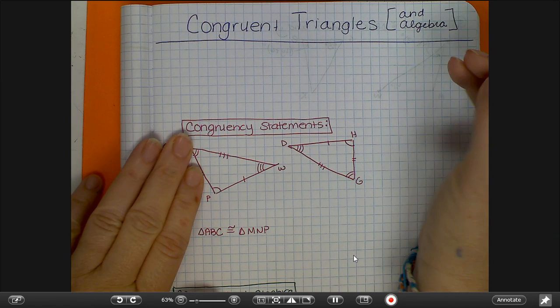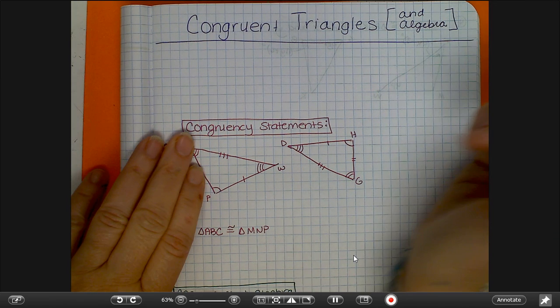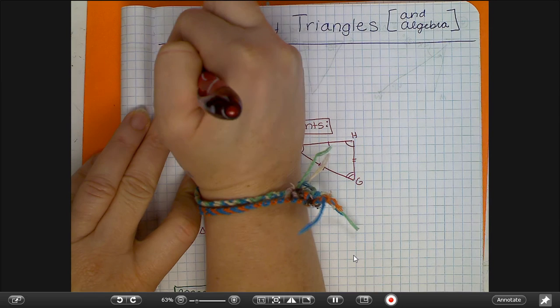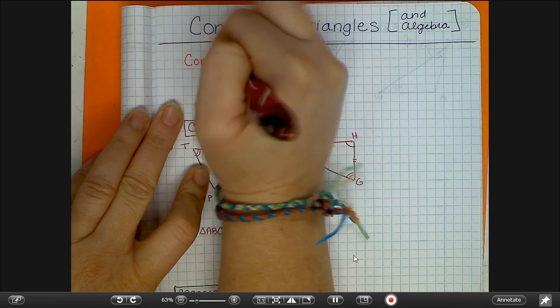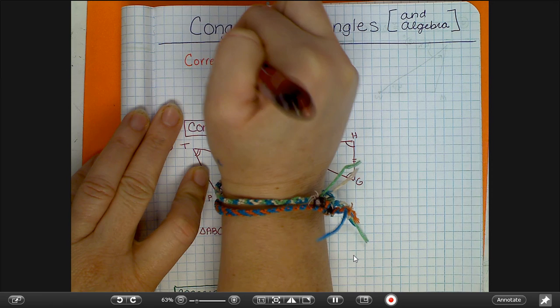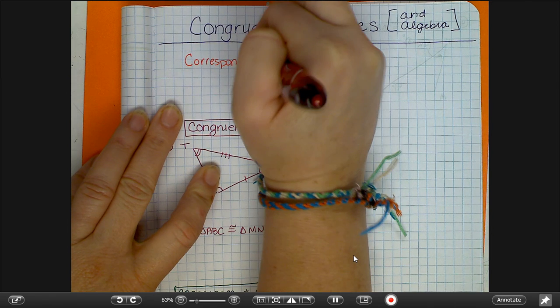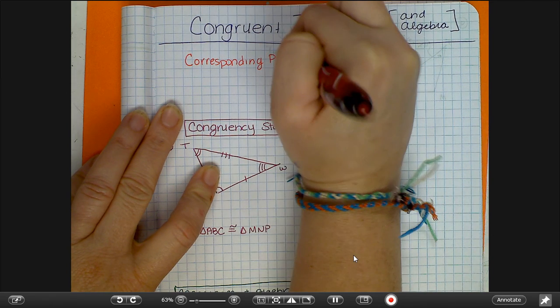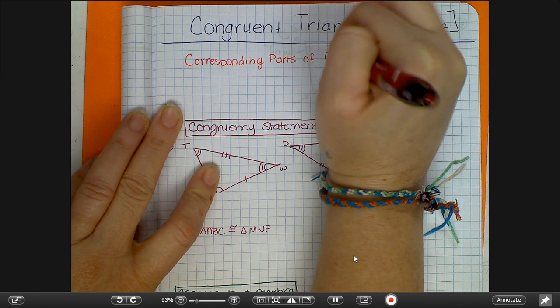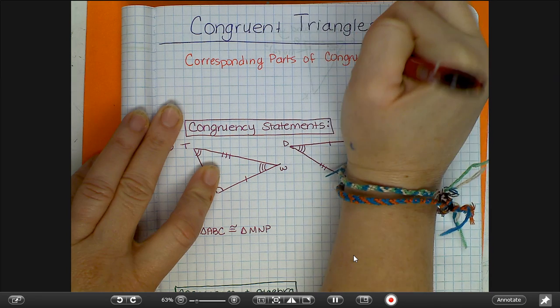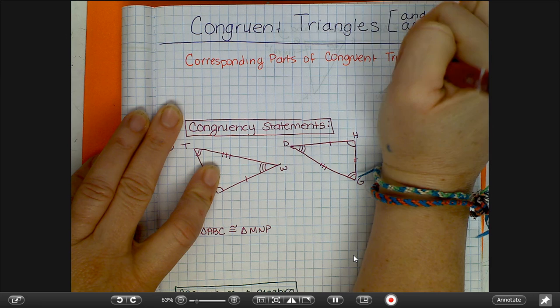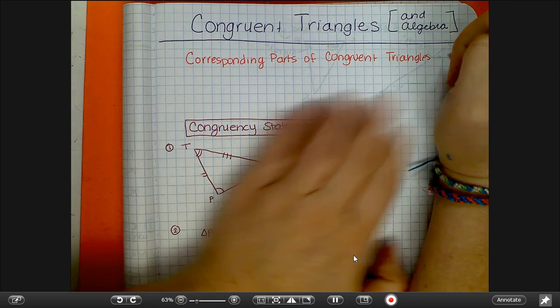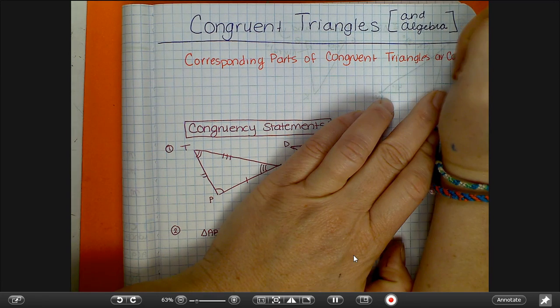The most important thing about congruent triangles is this statement. Corresponding parts of congruent triangles... well, I'm going to run out of room... are congruent.